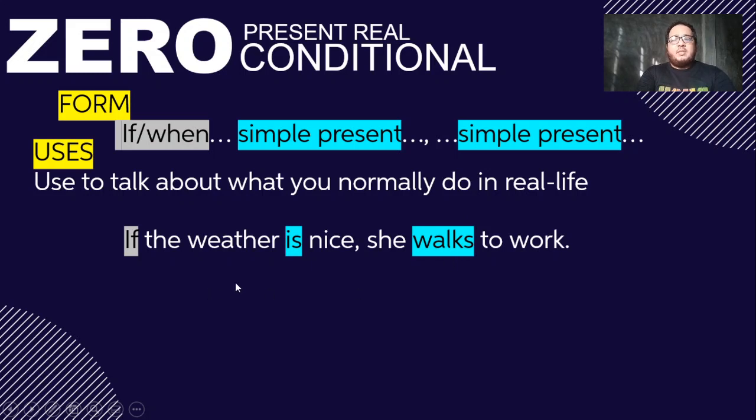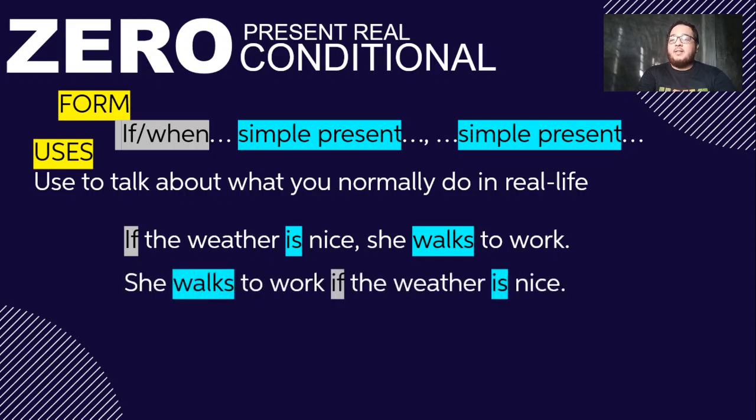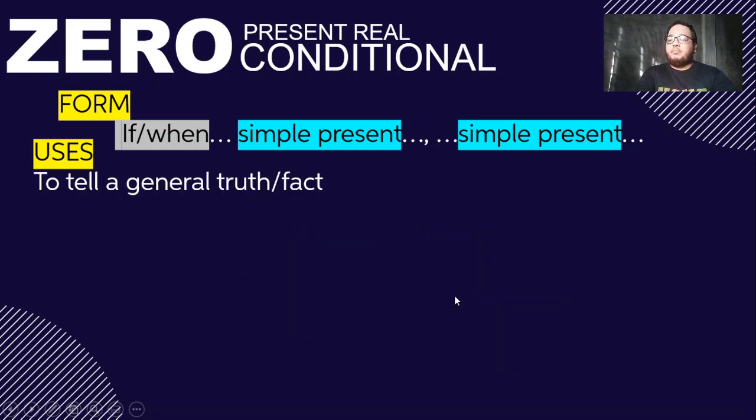If the weather is nice, so she walks to work. So perhaps this is a habit of someone else. It's a real life situation, habit, that if the weather is nice, then she walks to work. Okay, it made use of zero conditional. Again, it's an interchange of that sentence. She walks to work if the weather is nice.